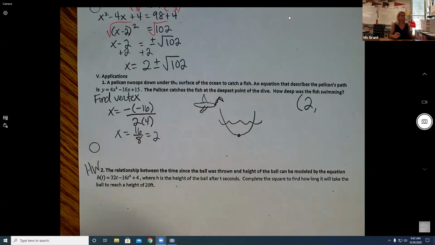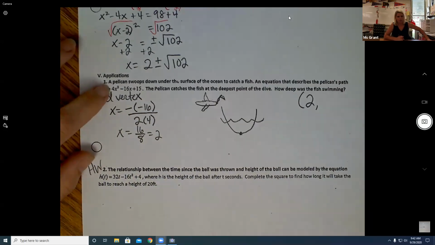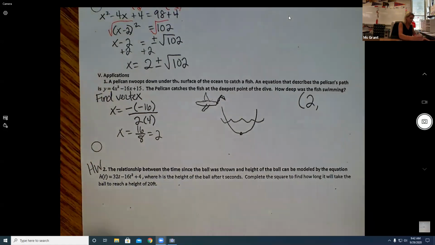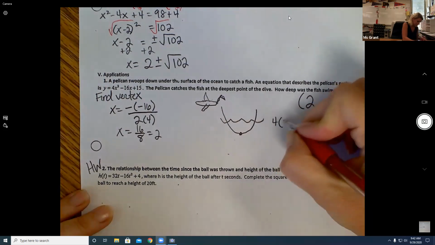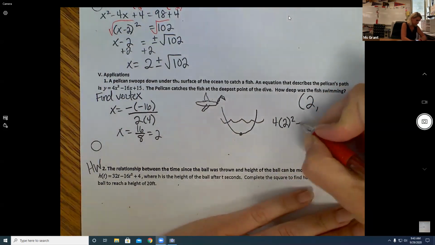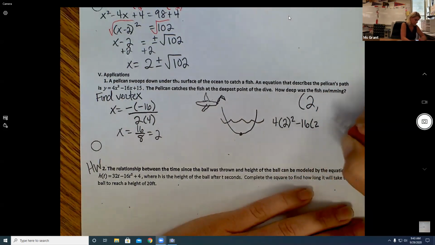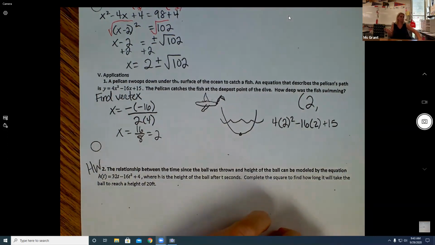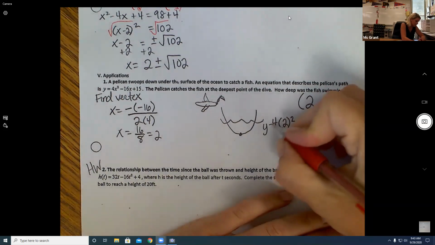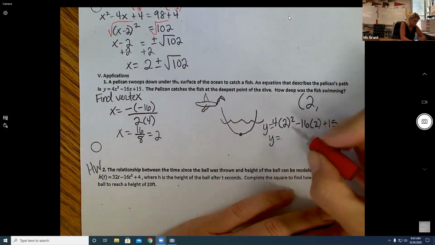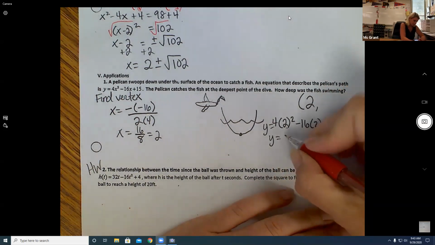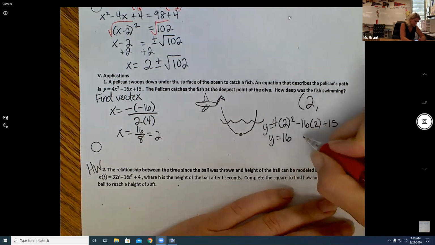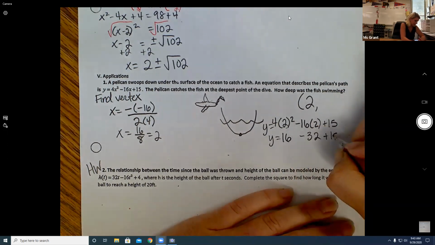Then I'm going to plug 2 back into my original function, 4x squared minus 16x plus 15, and solve for y. y equals 4 times 4 minus 32 plus 15.